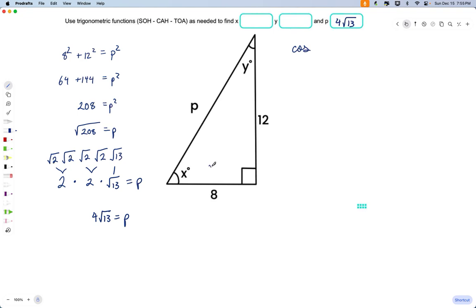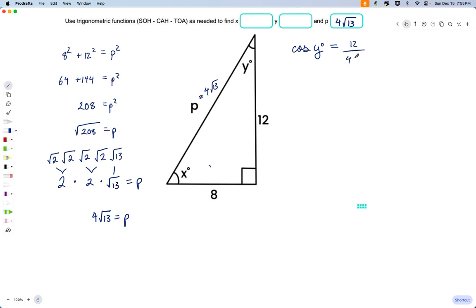The cosine of y is equal to adjacent over hypotenuse. So the hypotenuse is now 4 times square root of 13. So adjacent over hypotenuse, 12 over 4 times the square root of 13.